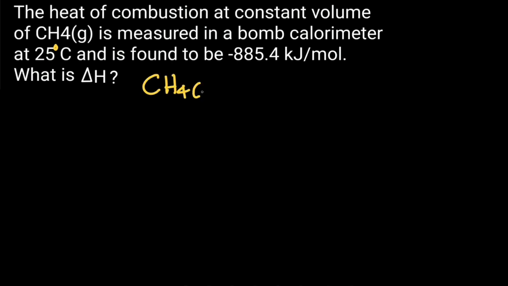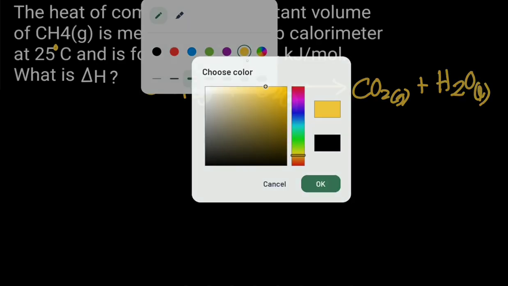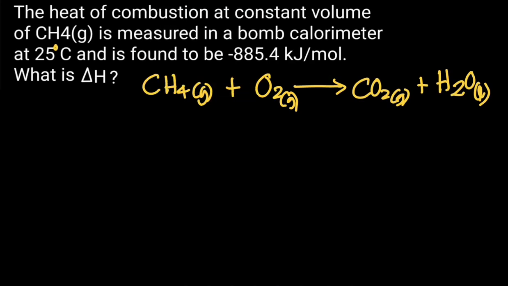So that would be CH4 gas plus oxygen, then CO2 gas. All of these are gases. And then water. So we need to balance this. How many oxygens do we have here?